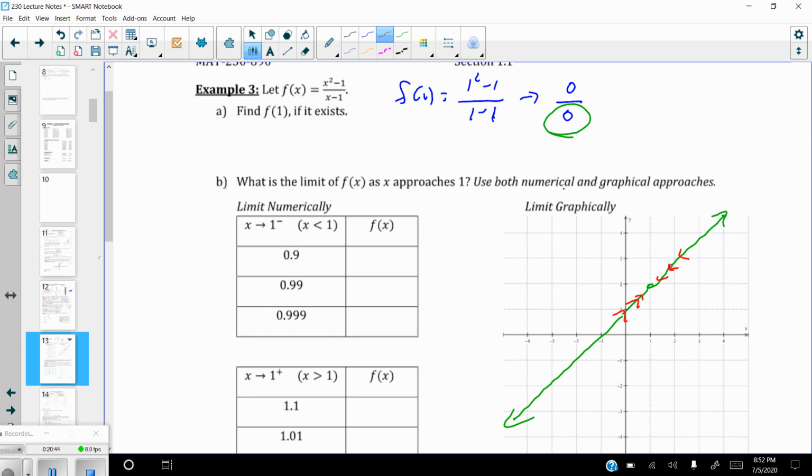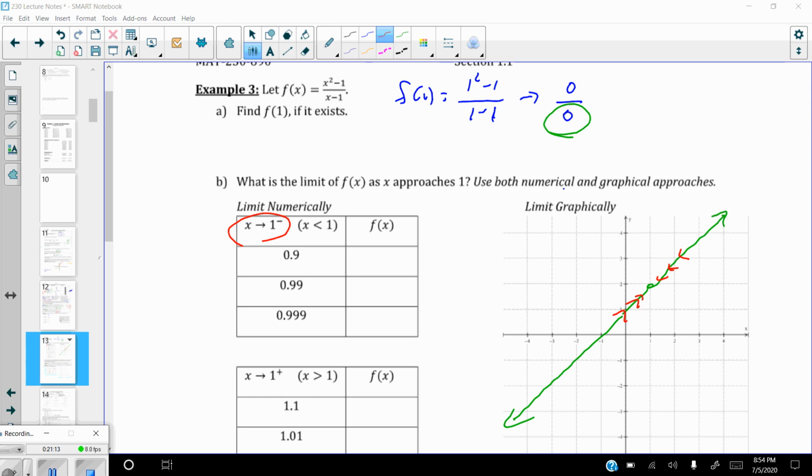Well, we'd have to plug in values that get closer and closer to 1, from both sides of 1. If you start off with a value like 0.9, we know 0.9 is pretty close to 1 on the left side of 1. That's what this part is right here. So if we were to plug in 0.9, I'm going to have to use my calculator for that. You would get 0.9 squared minus 1 over 0.9 minus 1.